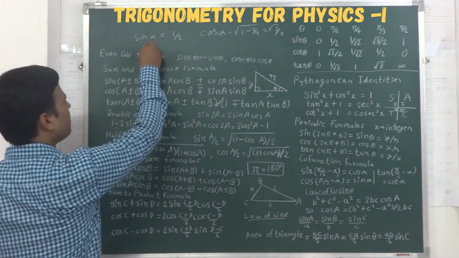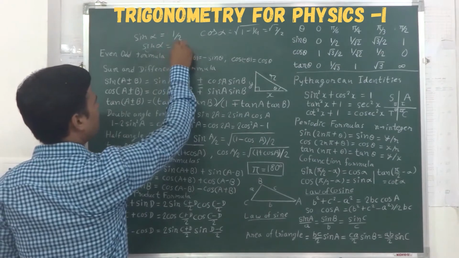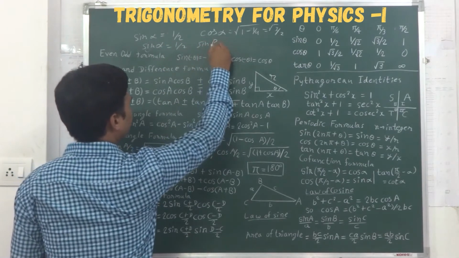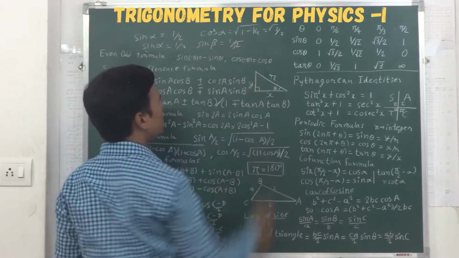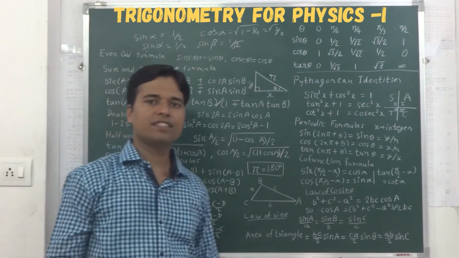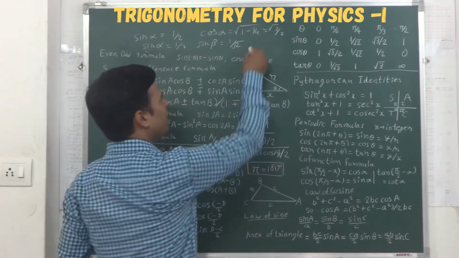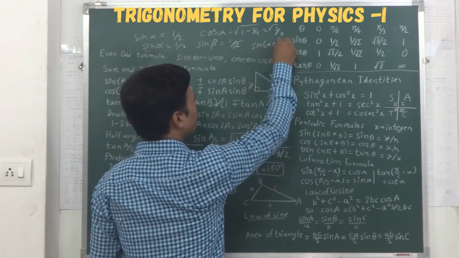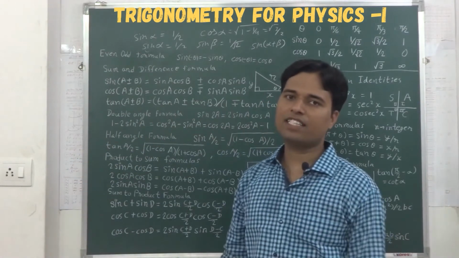Otherwise, if you know sine of alpha is equal to 1 by 2, sine of beta is equal to 1 by root 2, and dear students, you will have to find out the value of sine of alpha plus beta. You have learned those formulas in your previous classes.